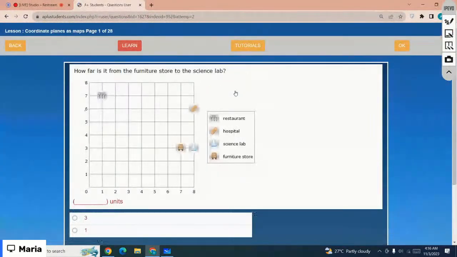Okay, how far is it from the furniture shop to the science lab? Which is the correct option? Here is furniture shop and here is the science lab. How far is it? Which is the correct option?